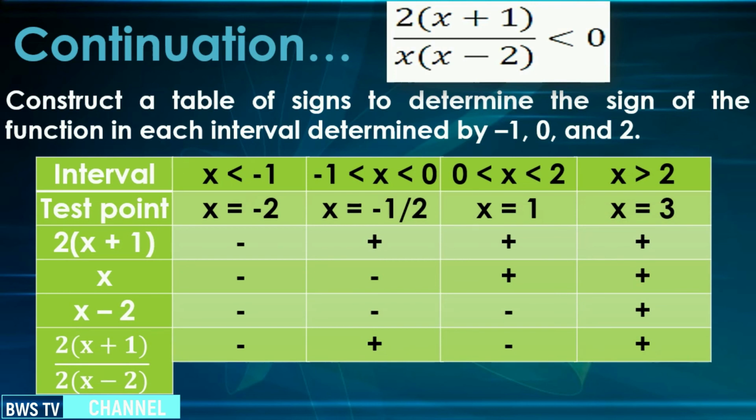And for greater than 2, we have positive. Now, among the given intervals, which one satisfies the given inequality? We have two negatives, because we're looking for negative to satisfy the inequality. So that will be the interval of x less than negative 1, and x greater than 0 but less than 2.